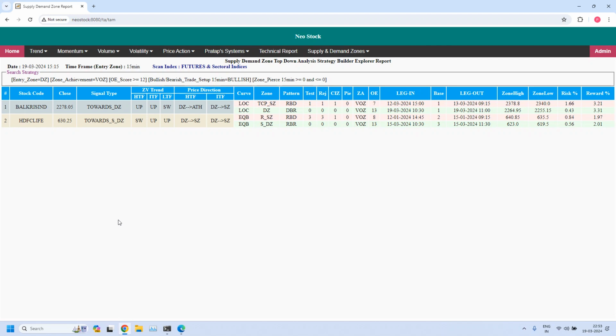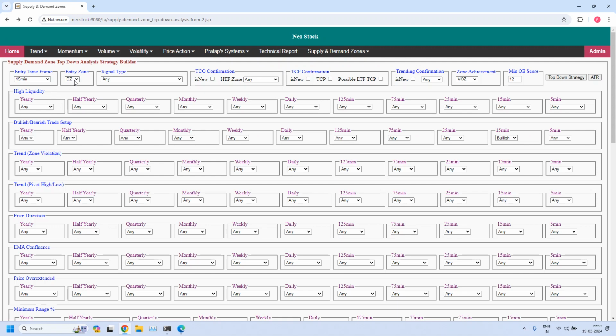Now let us generate bearish trade setup exactly in the same way, but the only thing is instead of demand zone, we are going to select a supply zone in 15 minutes time frame. Instead of selecting bullish, I am selecting bearish. That is the only change. Remaining all are the same: violated opposing zone, your minimum odd enhancer score, and the pierced zone should not be there.